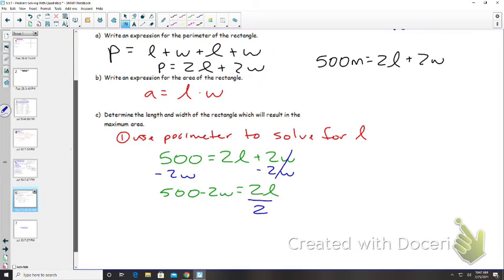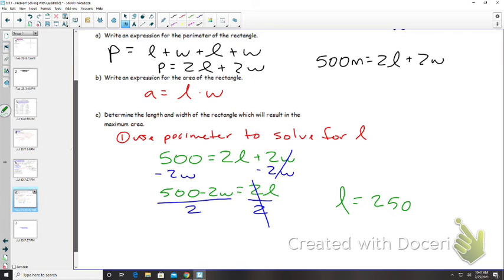So divide by 2. Hold on a sec, okay? When you're doing the minus 2W, you can't just subtract it because we don't know the value of W, right? So we're still gonna have length is equal to 500 divided by 2, which is 250.